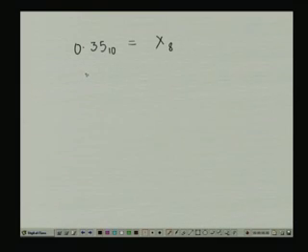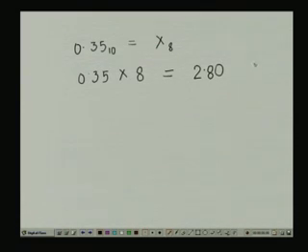So now the rule is multiplication. 0.35 will be multiplied by 8, and what will be the value? This will be 2.80. So my integer becomes 2.